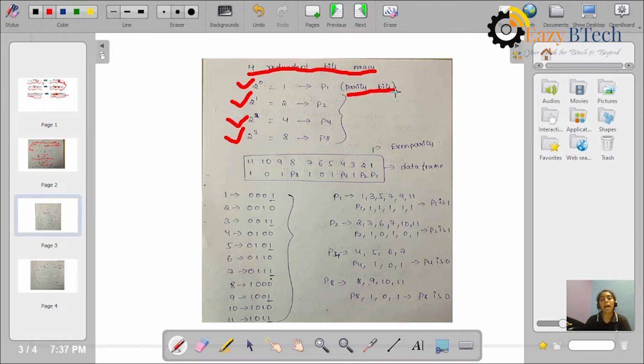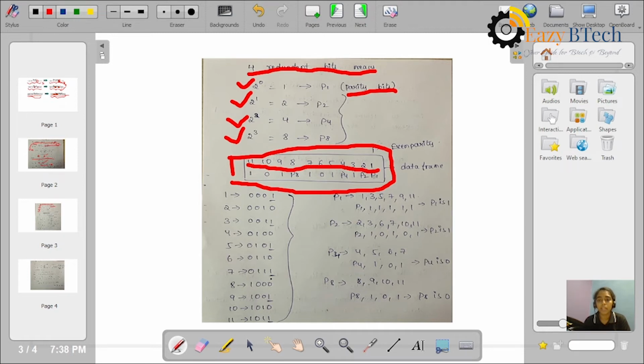We insert them in different positions in the middle of the data frame, so we call them redundant bits. So this is the actual data, right? So 7 plus 4 is equal to 11 bits. I wrote 11.